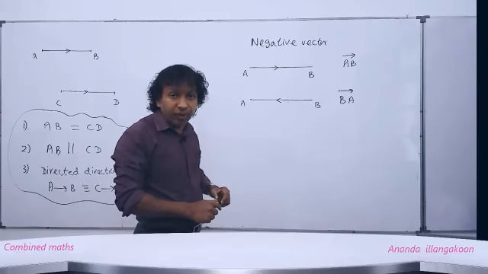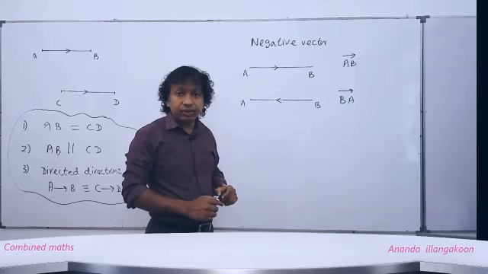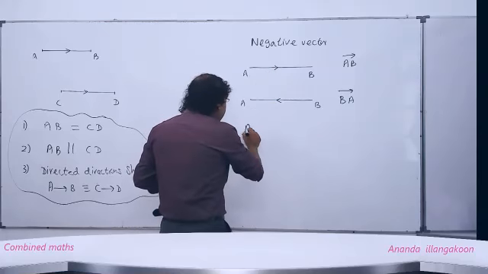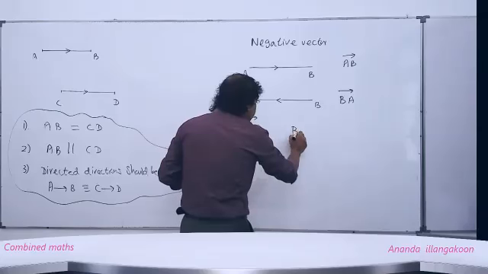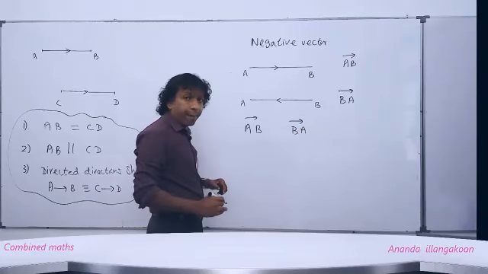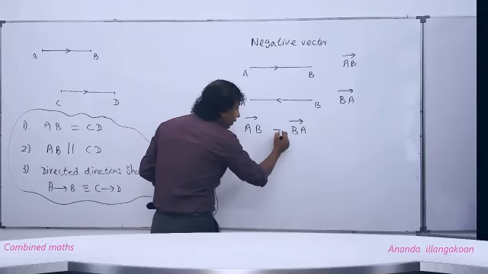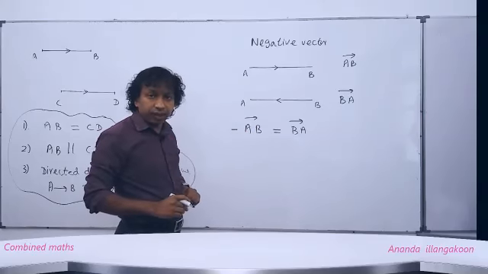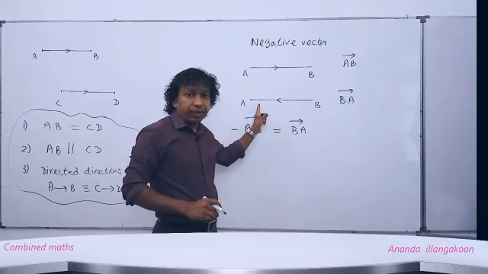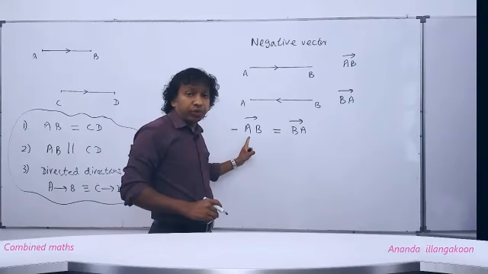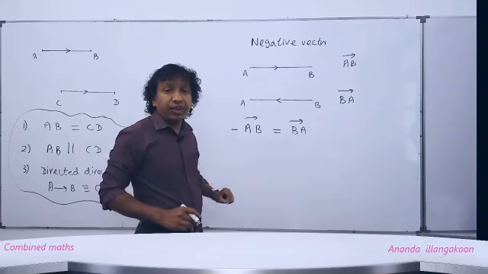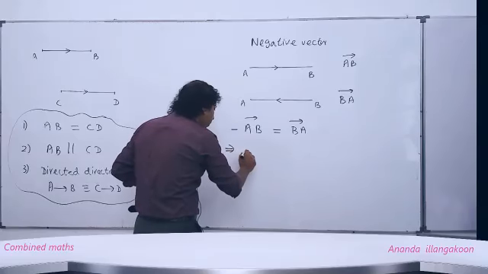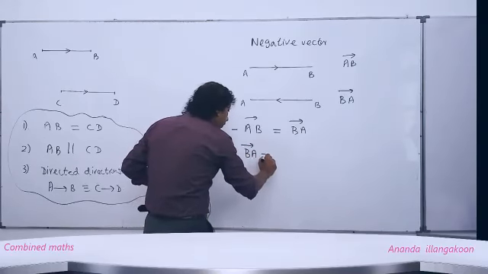So when I write an equation involving these two vectors, we can write this way: AB vector, and second, BA vector. This BA vector is the negative of AB vector. Understand? BA vector is called the negative vector of the AB vector. So the same thing we can write like this: BA vector is equal to minus AB.